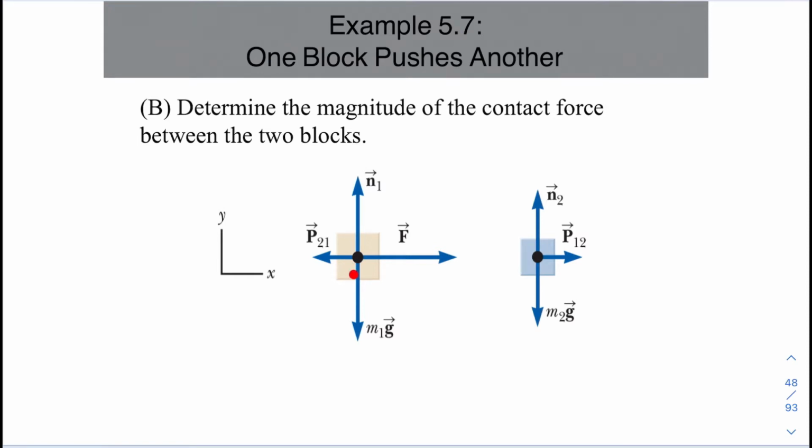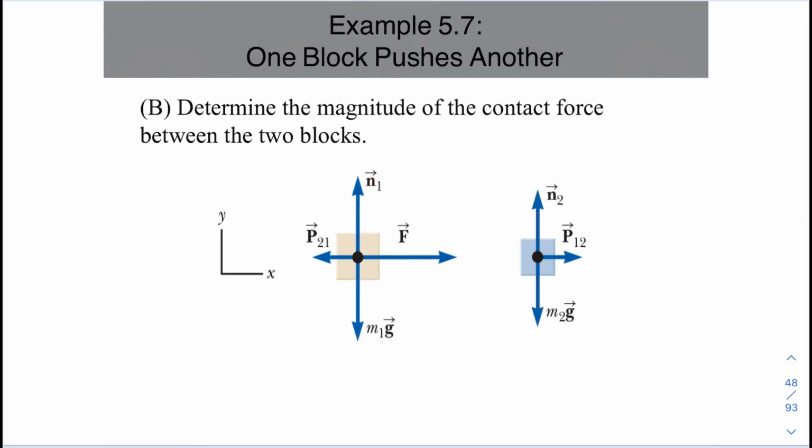If we list all the forces acting on object 1, or M1, we have the applied force to the right, the pushback reaction from M2 to the left, the weight toward the center of the earth, and the normal force because block 1 is placed on the table or floor. There is a contact, so there must be a normal force.